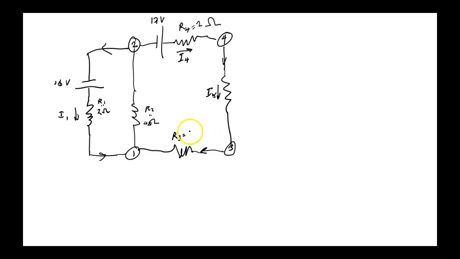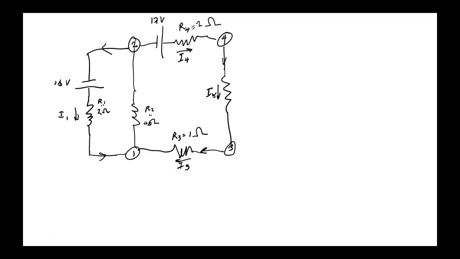That's a 1 ohm resistor. And they call this current I3. Okay, and we think it's going in that direction.